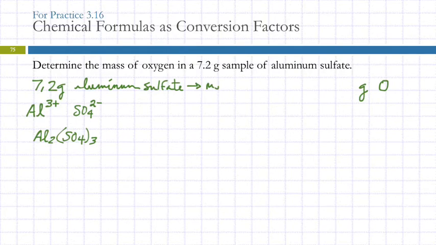Sure. Al2(SO4)3. And for moles of aluminum sulfate, we can go to moles of oxygen, looking at this and getting the ratio. And then from moles of oxygen to grams of oxygen, that's the molar mass of oxygen from the periodic table. Any questions?